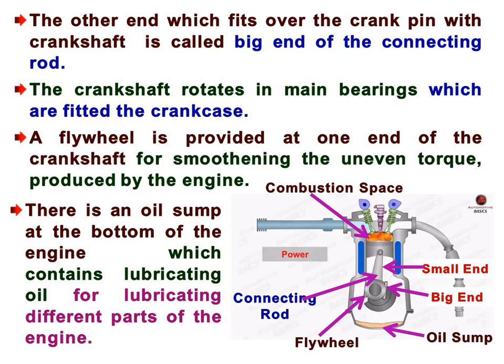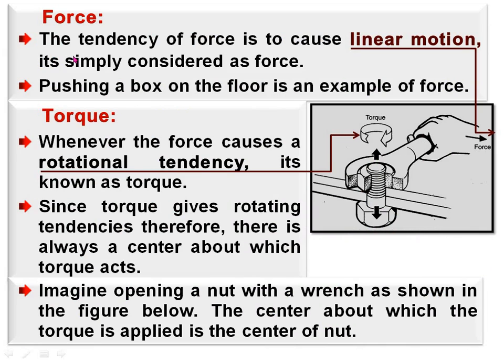There is a difference between force and torque. See here, the tendency of a force is to cause linear motion. It is simply considered as a force. When we apply a certain force that produces linear motion, this is called force. But when we give a certain load or force that produces a rotational tendency, then it is called torque.